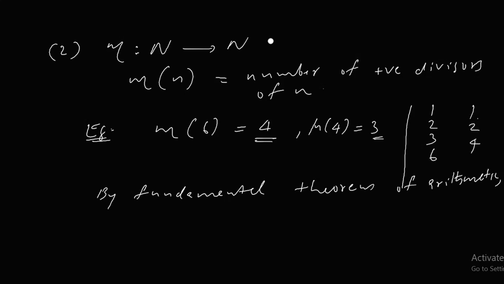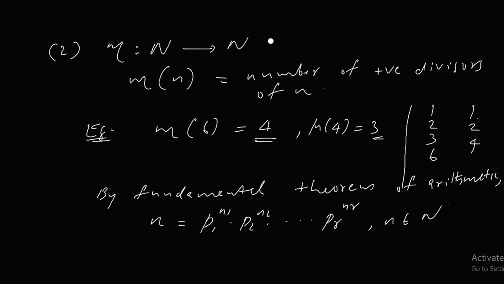By the fundamental theorem of arithmetic, any integer n can be written as p1 to the power n1 times p2 to the power n2, and so on, up to pr to the power nr.